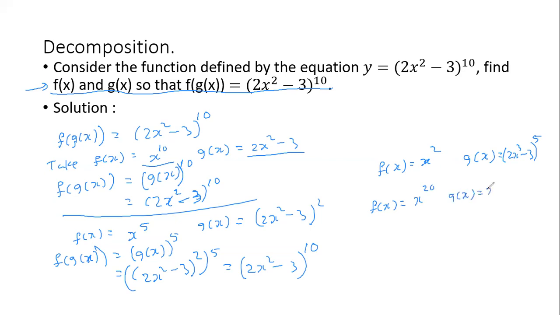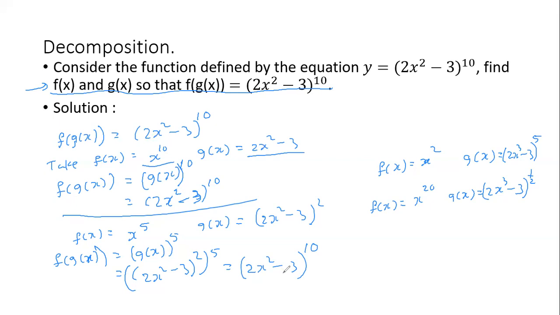x equal to (2x cubed minus 3) to the half power. Find f of g of x, you get the same composite function. Likewise, we get infinitely many functions for f and g, where the composite is equal to the given function.